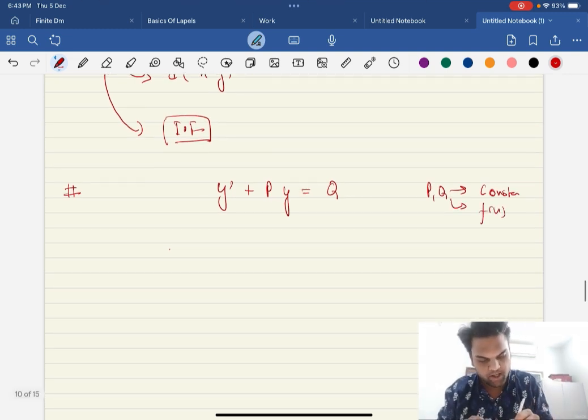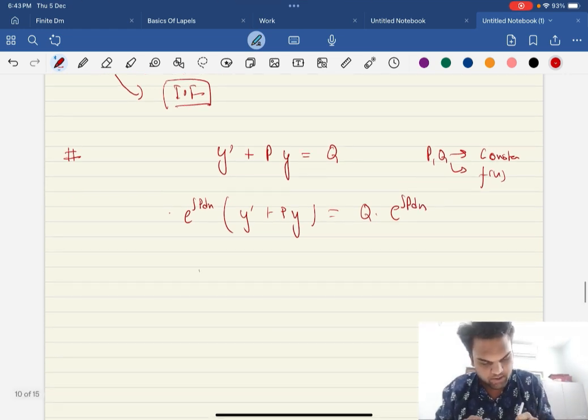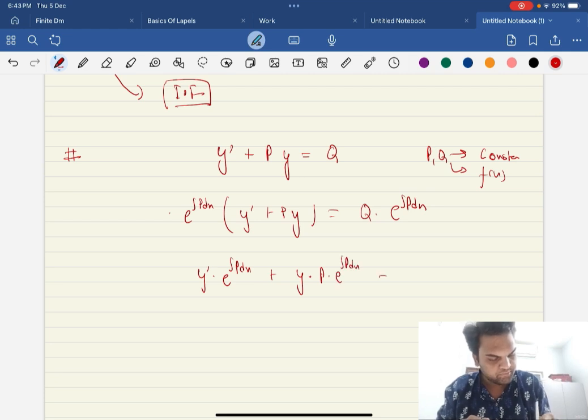If we multiply this equation on both sides by e to the power integral of p dx, we get y' e^(∫p dx) + p y e^(∫p dx) = q e^(∫p dx).